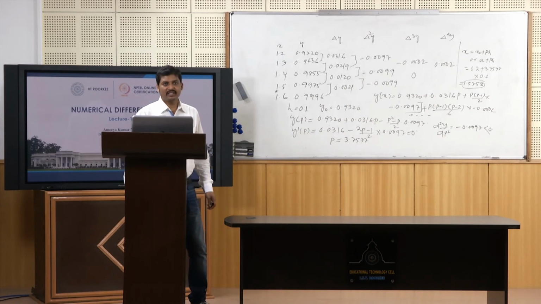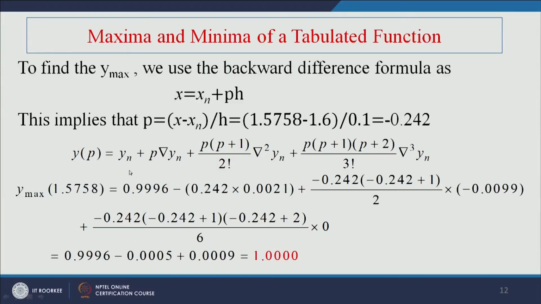Since p is lying between minus 1 and 0, we can use Newton's backward difference formula. And if we want to evaluate this polynomial at that point, we have to consider yn at 1.6, the particular value will be 0.9996 here, then plus p nabla of yn, where p is minus 0.242.